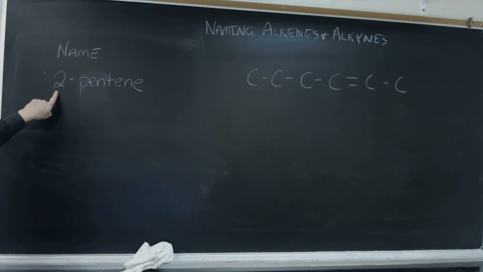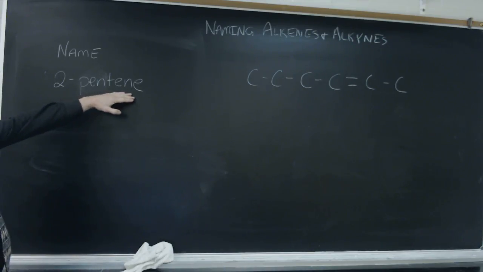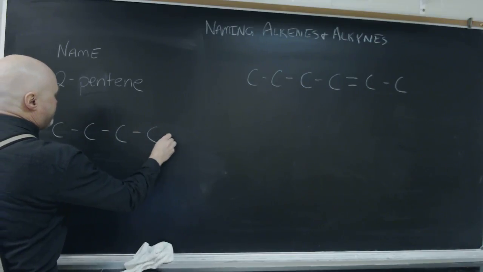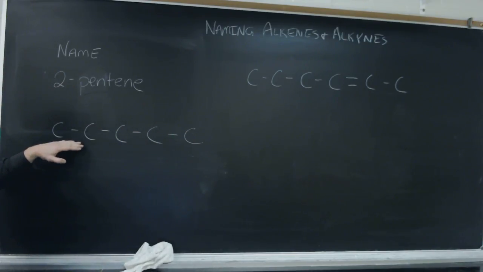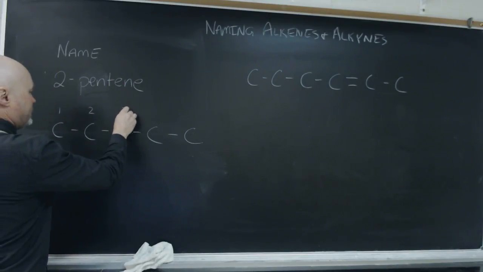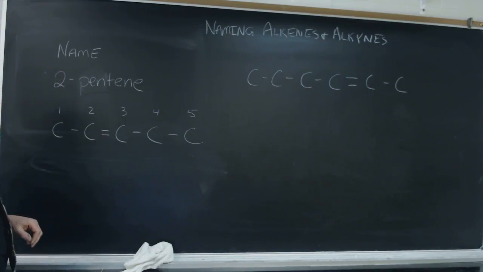Now, 2-pentene. The 2 actually denotes which carbon atom in the chain this double bond is going to be attached to. Pentene is the root, so I know I have a 5-carbon backbone to my alkane, or my alkene in this case. 2-pentene means that the double bond is going to start at the second carbon.